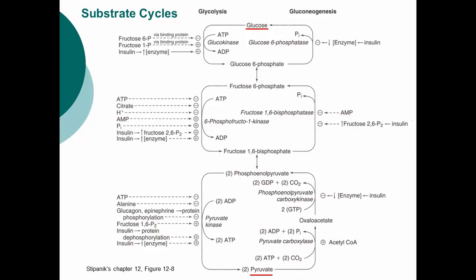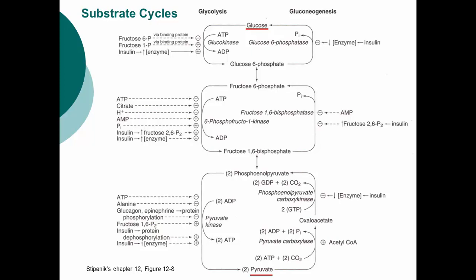For example, fructose 6-phosphate and fructose 1-phosphate are substrates, right? And these two different substrates can regulate glucokinase differently.